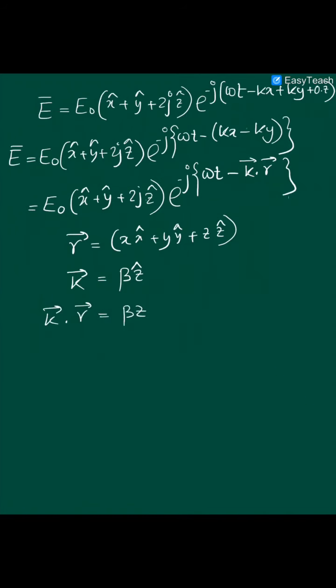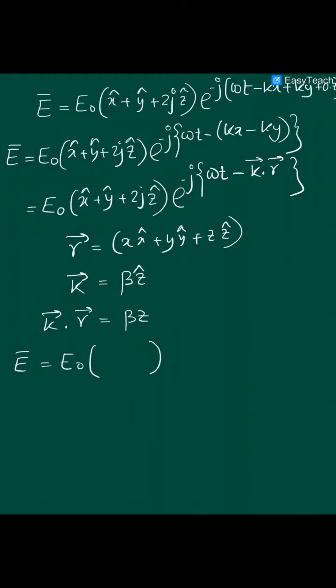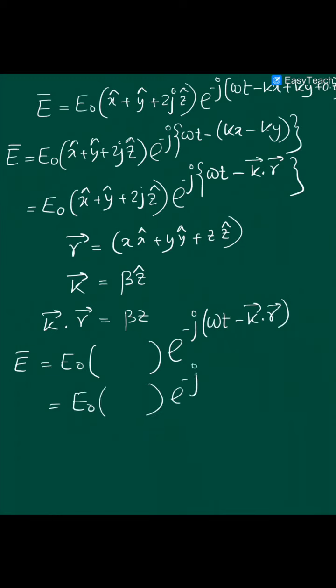Then you can write the expression as E naught times some vector component, that is the resultant direction of E naught, then e to the power minus j (omega t minus k vector dot r vector), which is E naught (some vector component) e to the power minus j (omega t minus beta z). So this particular expression is a general expression specifically for the direction of wave propagation.